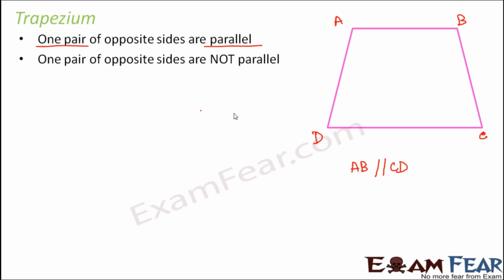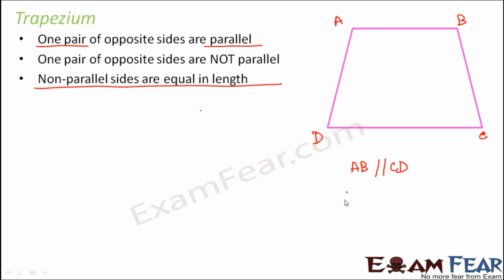So here there is a condition that only one pair should be parallel and the other pair should not be parallel. But the non-parallel sides are equal in length. That's another interesting thing, that the non-parallel sides are AD and BC. So they are equal in length. So a trapezium is always noted by one pair of parallel sides and the other pair of equal sides.